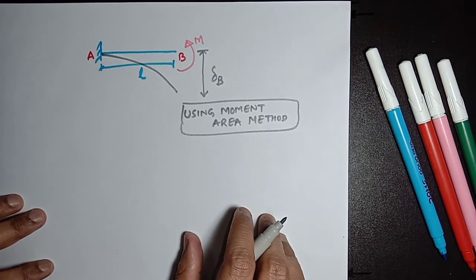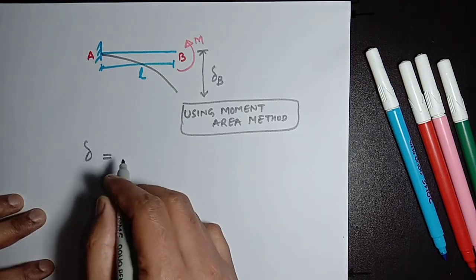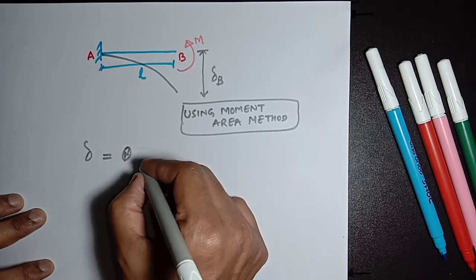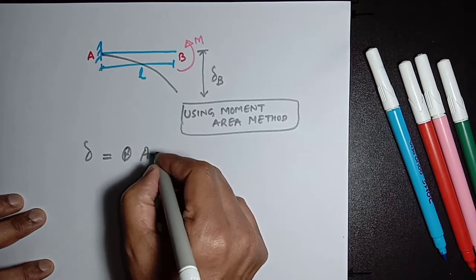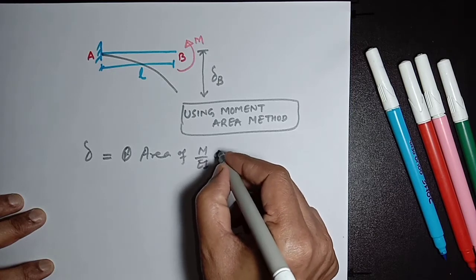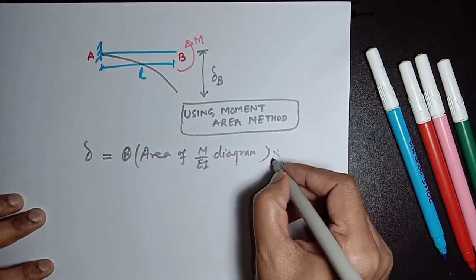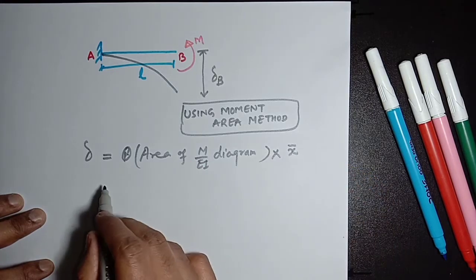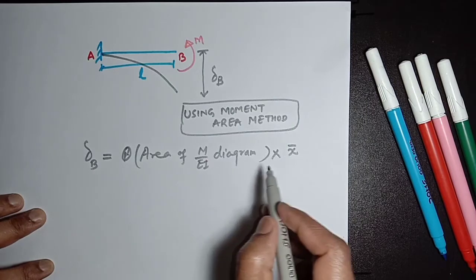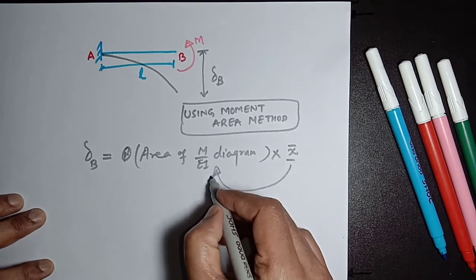As per the moment area method, as you know, deflection delta B is calculated as the product of the area of the M over EI diagram and the centroid of the same M over EI diagram.